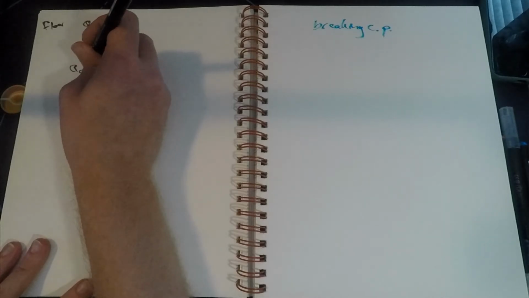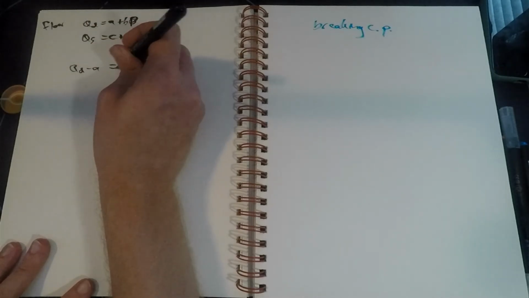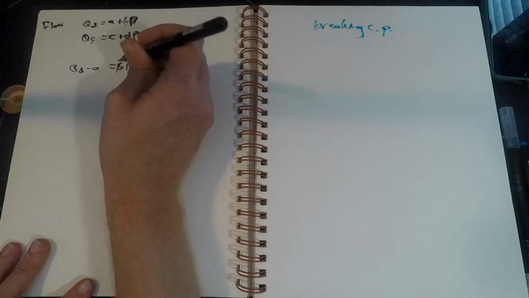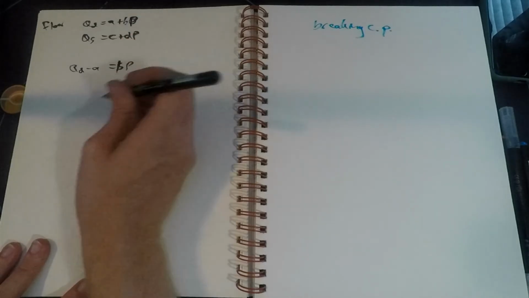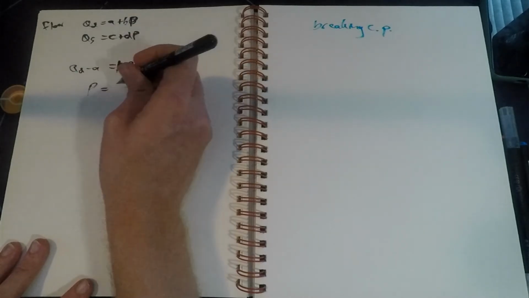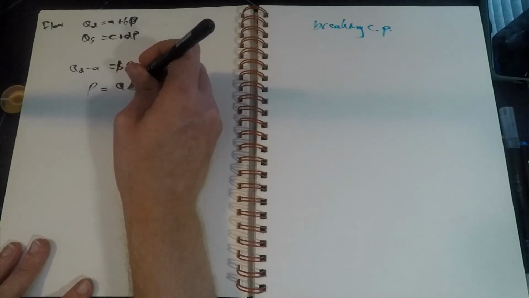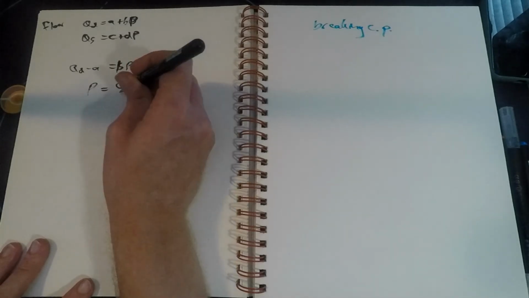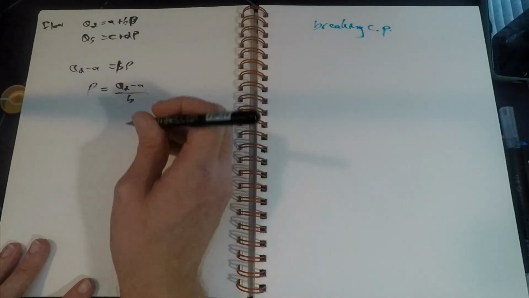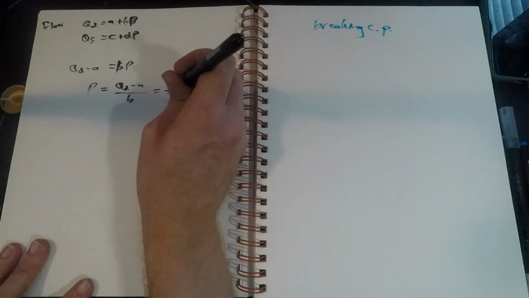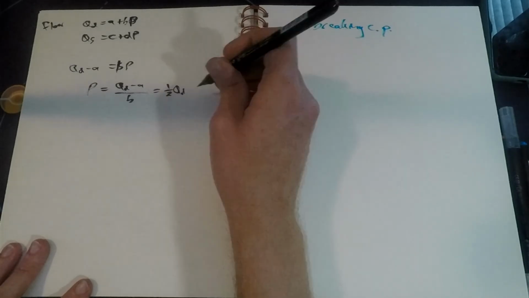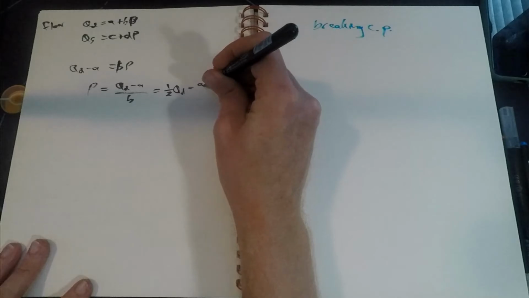Let's rearrange these terms so that it's P equals something. So if we say QD minus A equals B times P, P equals quantity demanded minus A all over B.